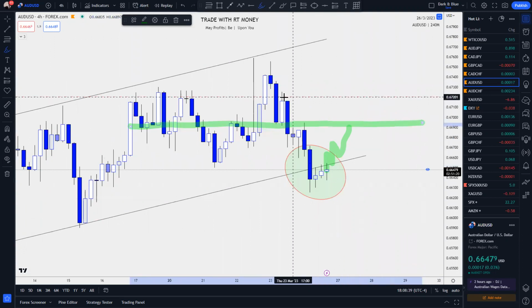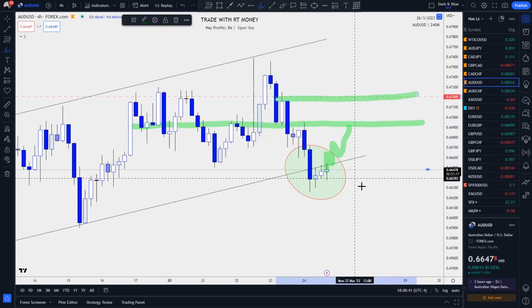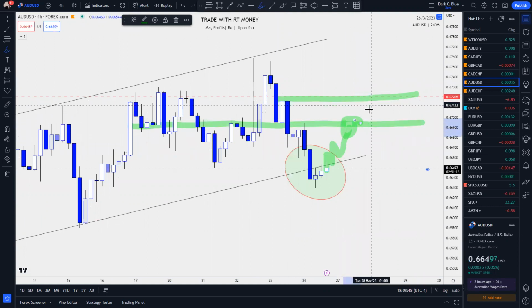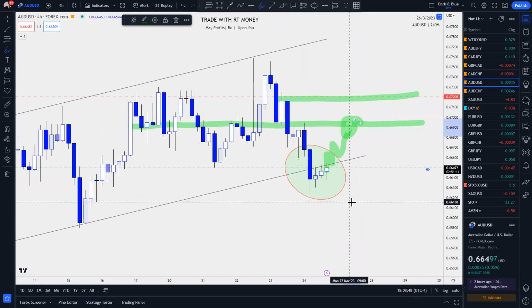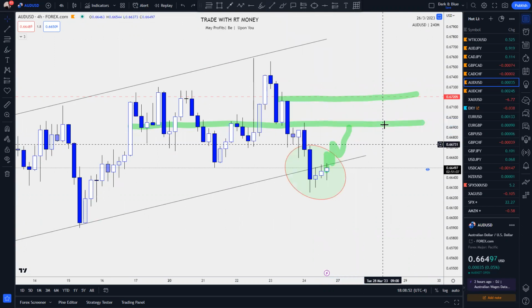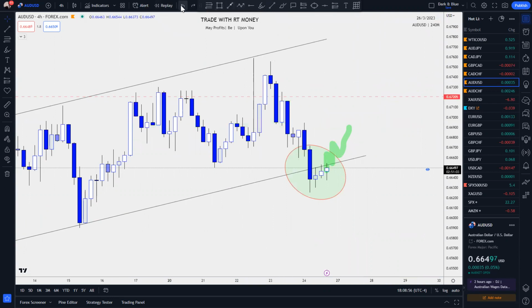I have another area up here that I'm watching. So if price comes up here and it sets up for a high probability trade, I will take it. Why wouldn't I? If I can get rid of these lines I just drew, that'd be nice.